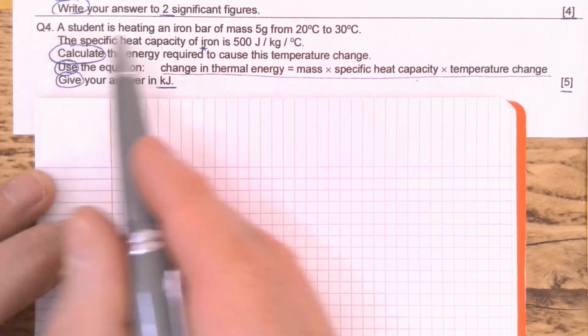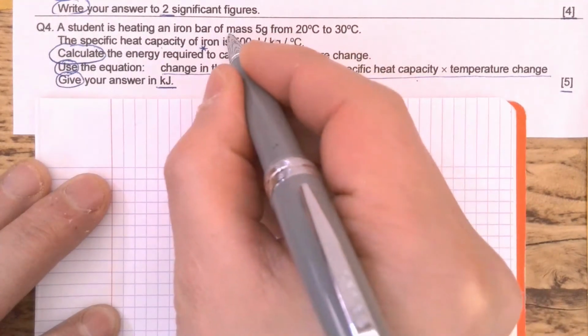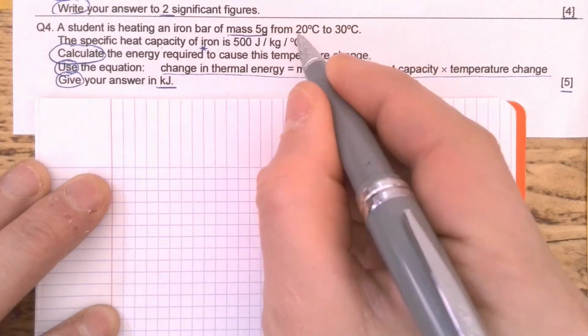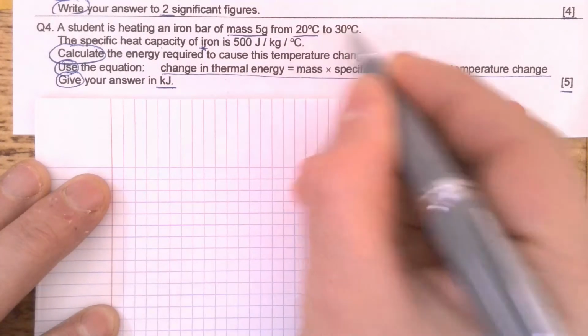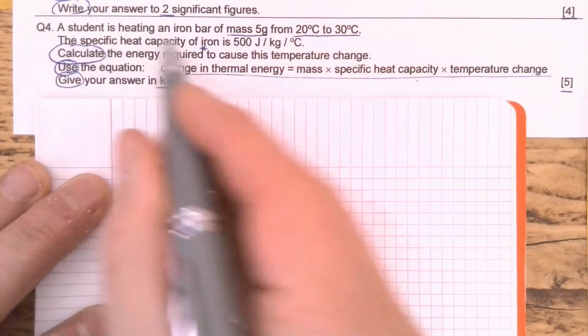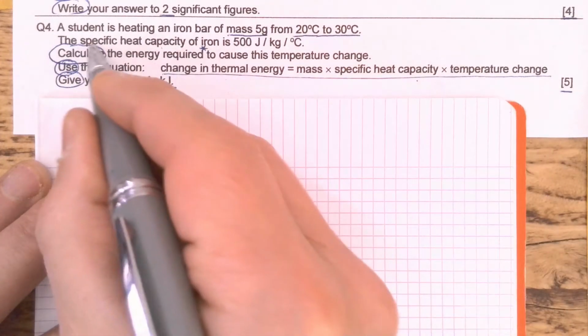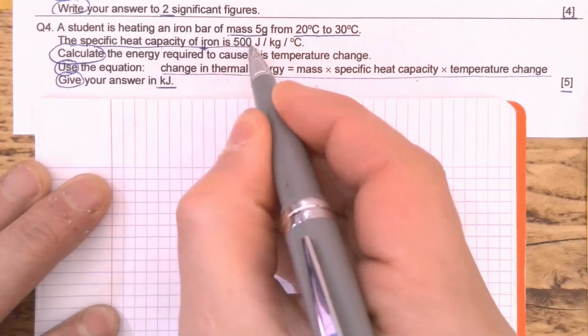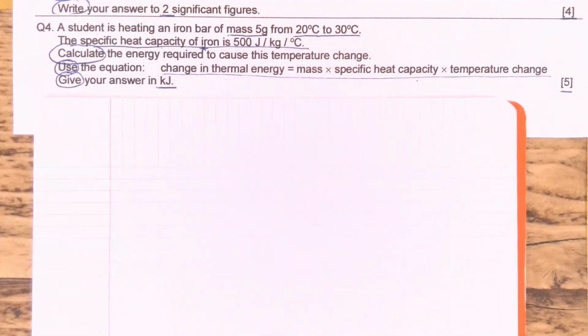It's given me all those numbers, so I'm going to have to use them all, because they're not allowed to give me numbers that are not useful in the exam.